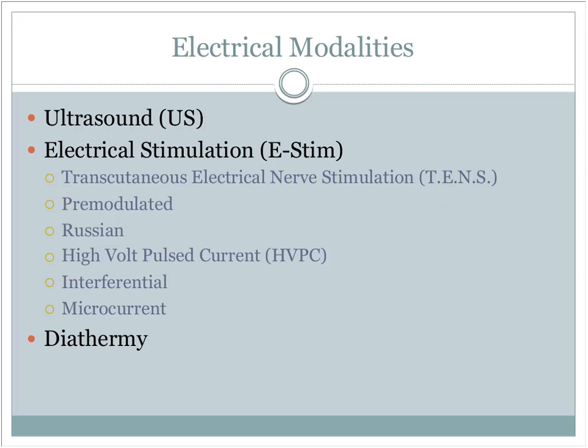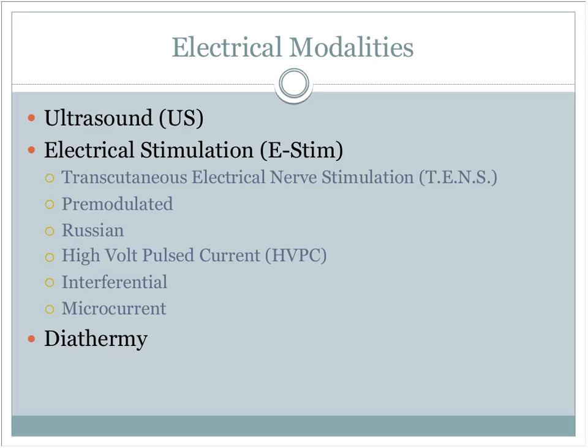So the first one, transcutaneous electrical nerve stimulation, usually referred to as TENS, is to stimulate the nerve endings in order to elicit a decrease in pain. That is still electrical stimulation, and we're stimulating nerve endings. Of course, we have multiple other kinds. You have premodulated, we have Russian, high volt pulse current, there's interferential, and there's microcurrent. We will talk about each one of these individually.